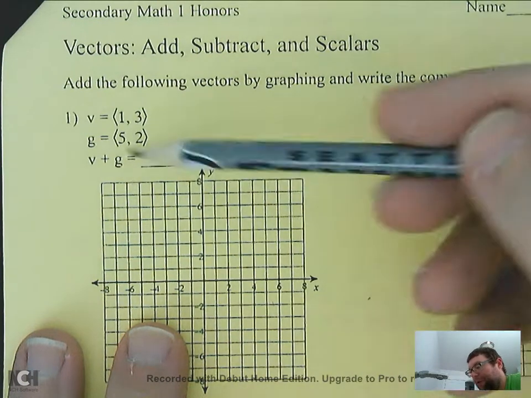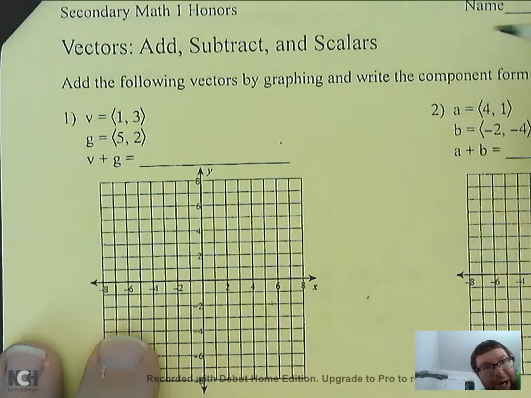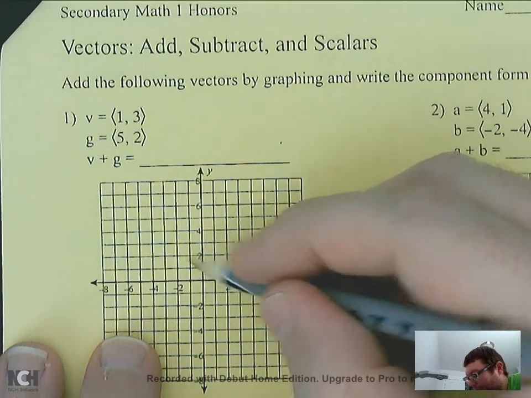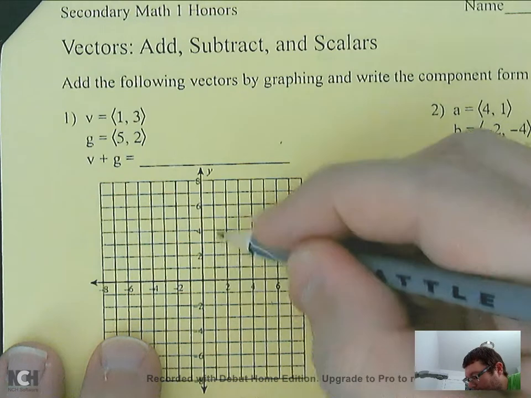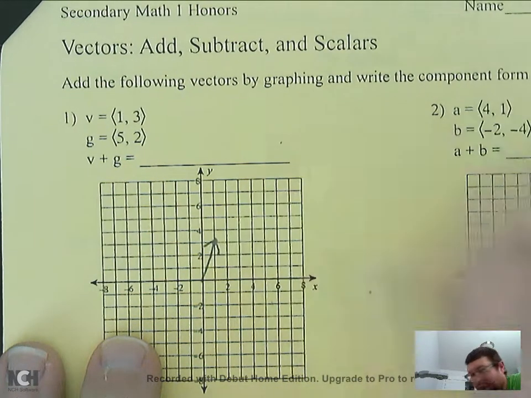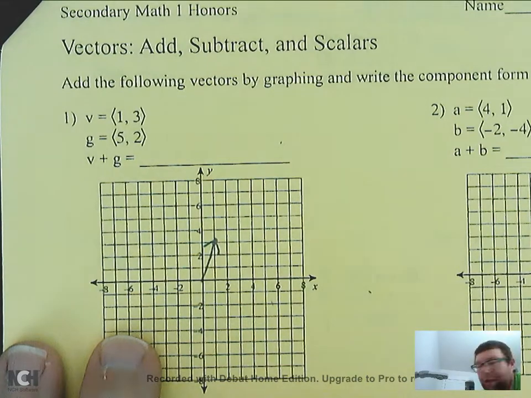So vector v plus vector g. If I were to graph these, they are in component form. So like v would be 1, 3. So this is vector v. Now, when we are trying to add these by graphing, I'm going to zoom in here just a tad.